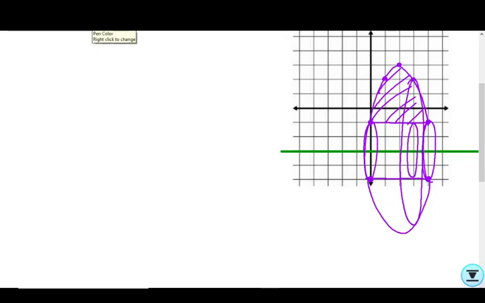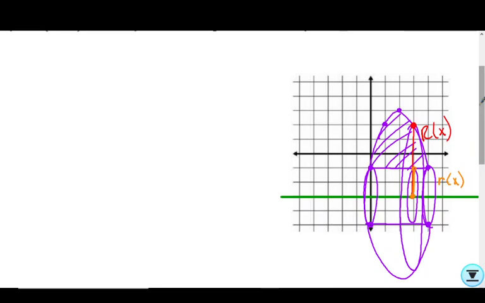So if we look from here to here, that is our R of x. Okay, that's our outer radius. From here to here, that is our little r of x.